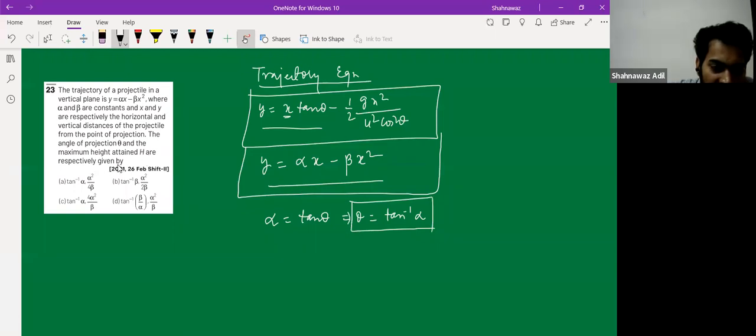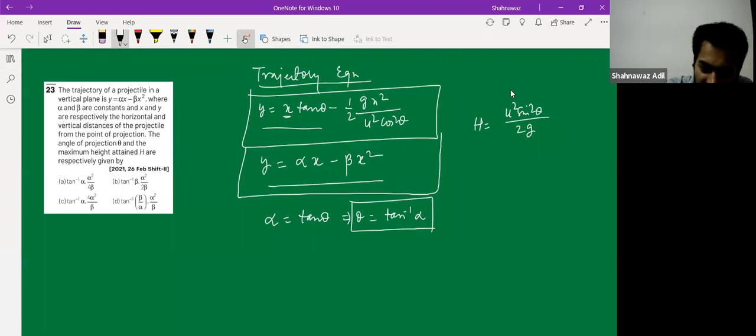Okay, so what was the maximum height? Can you recall? It was something like u square sine square theta by 2g, right? What was the maximum height? Yes, sir. So is that correct? Yes, sir.